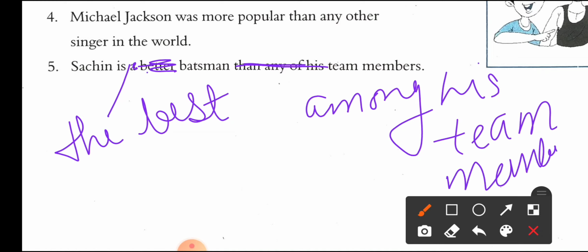Since team members is given, we have to use "among" here. So Sachin is the best batsman among his team members. The "any of his" you have to remove. Sachin is the best batsman among his team members.